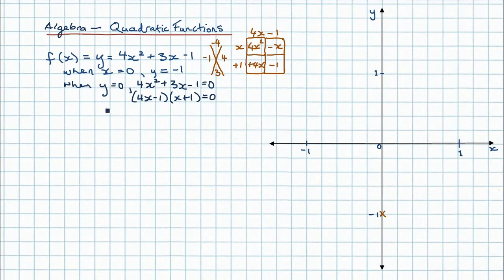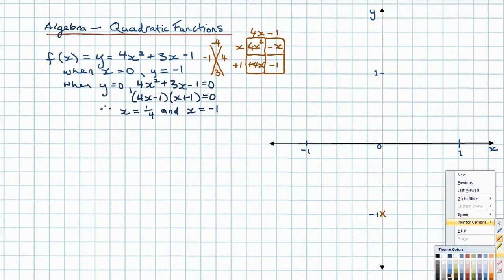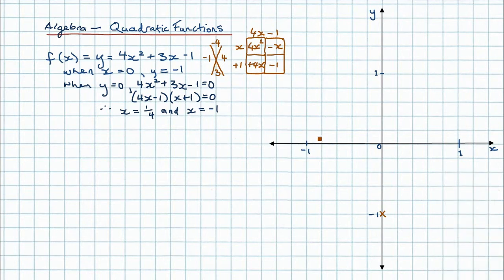And if that's the case, therefore, using the zero product property, we know that either 4x minus 1 equals 0, in which case x must equal 1/4, and in this case we'll say and, x plus 1 equals 0, in which case x must equal minus 1. So there we go. There we've got our x-intercepts.